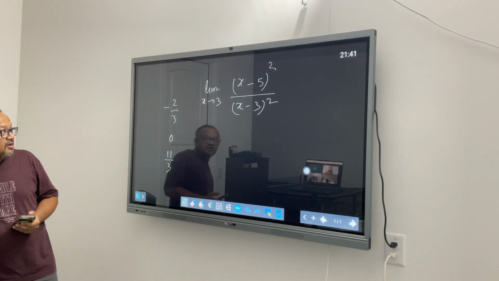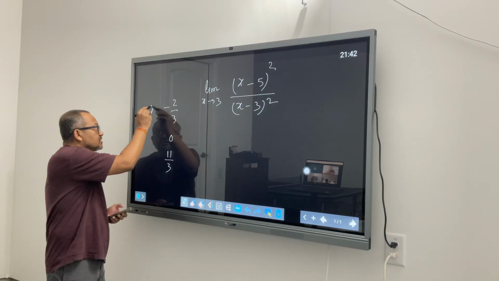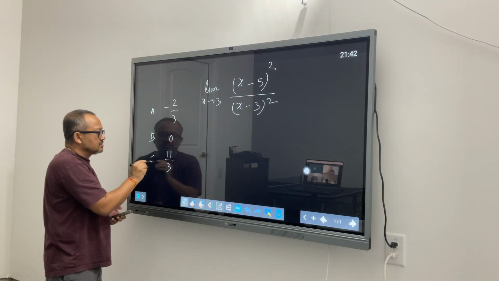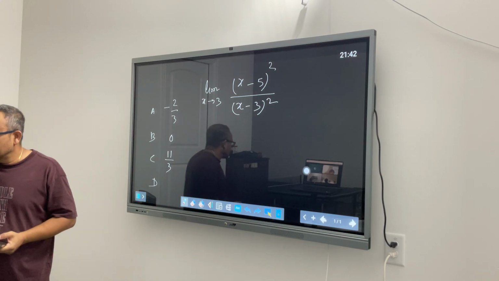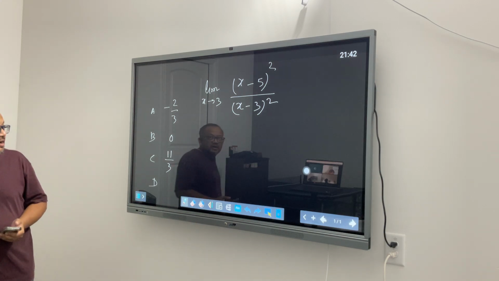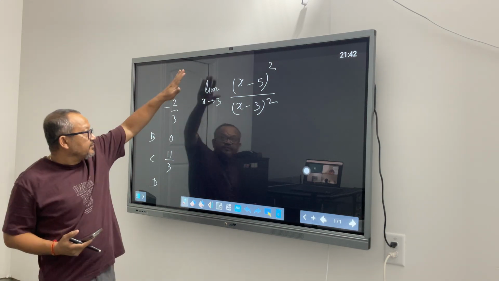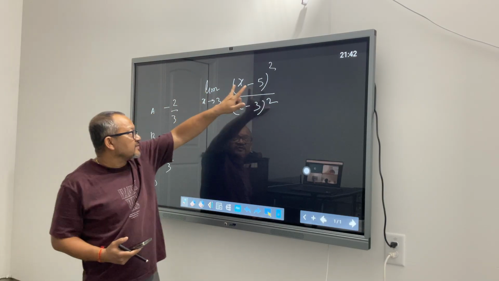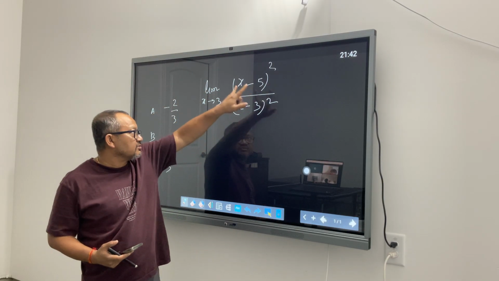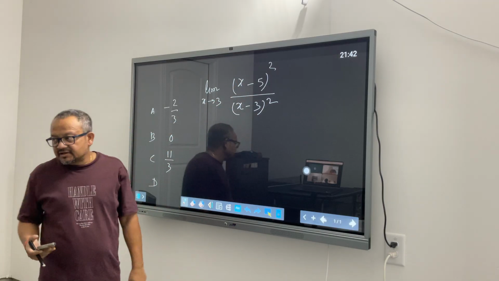Now, what option would you go with? You have to find the limit of x minus 5 squared by x minus 3 whole squared where x is approaching 3.